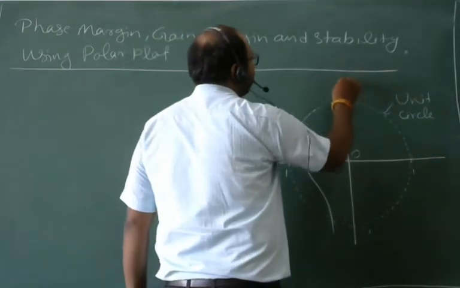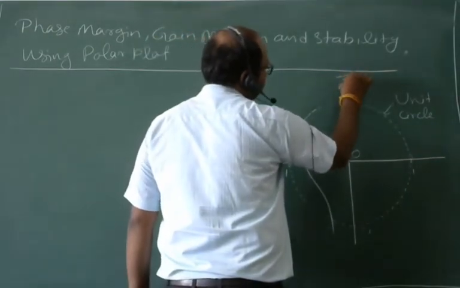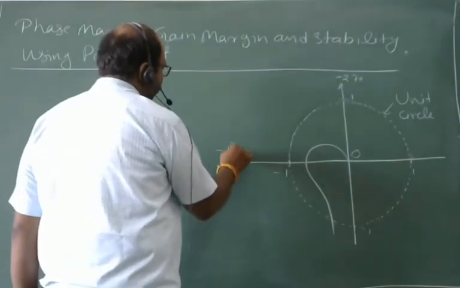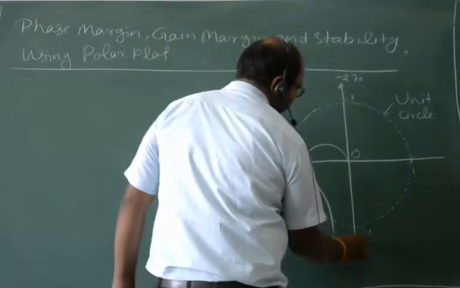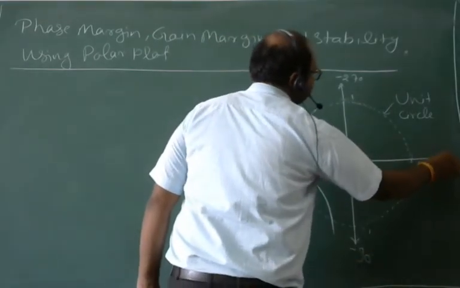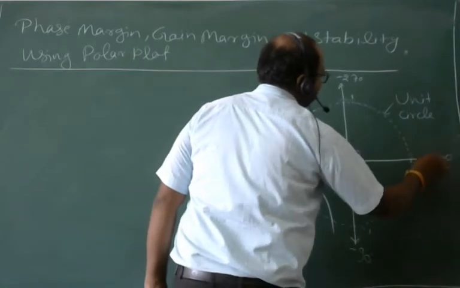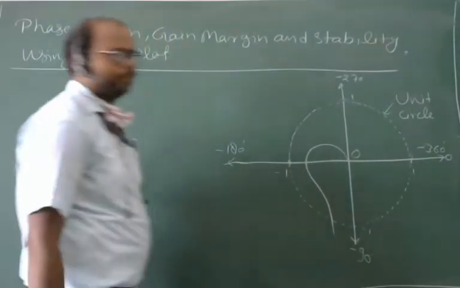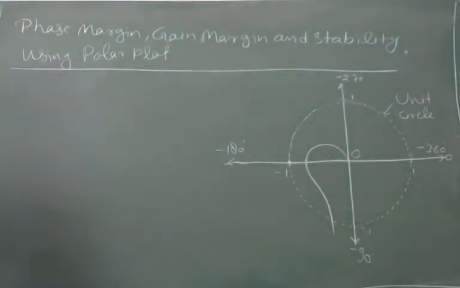This line is minus 270-degree line, this is minus 180-degree line, this is minus 90-degree line, and this is 0 degree or minus 360-degree line, right?